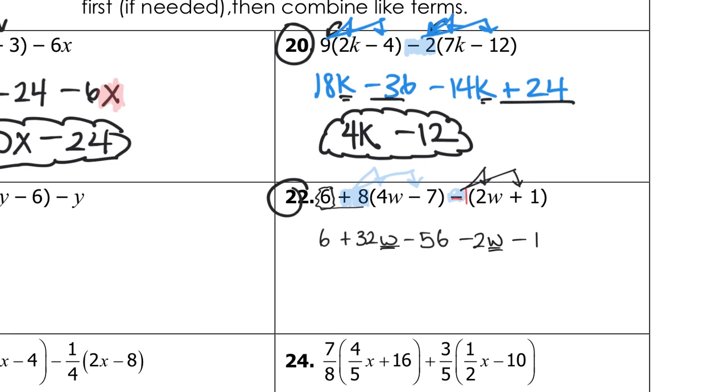So positive 32 minus 2 is 30. And that reflects the amount of W's that were in this problem. And then the last thing I get to do is take the positive 6, the negative 56, and the -1 and sum those together. So 6 minus 56 minus 1 is -51. And then that problem is done.